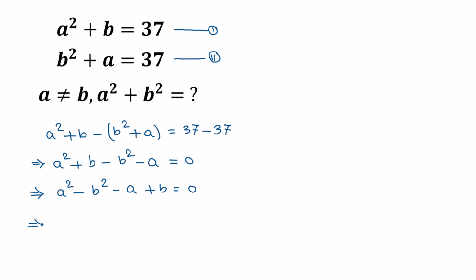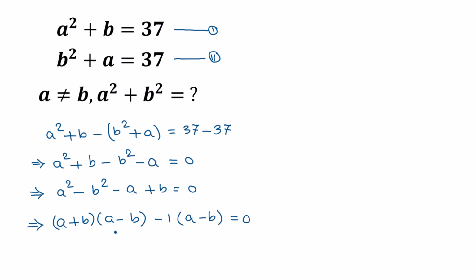Now applying the formula a square minus b square is equal to a plus b times a minus b, we can write a plus b times a minus b, and taking common negative 1 from these two terms, we can write negative 1 of a minus b is equal to 0.